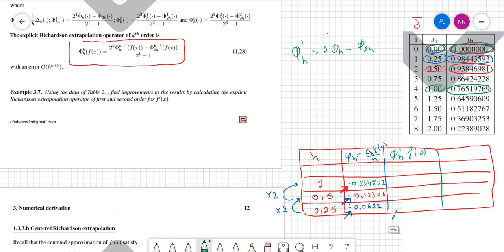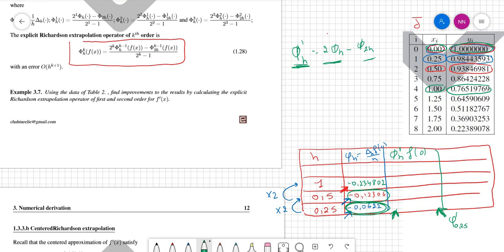So to calculate the number in this place, it's 2 times what's in here minus what's in here, because this is phi_1 at 0.25. So phi_1(0.25) is 2 times phi(0.25) minus phi(0.5).